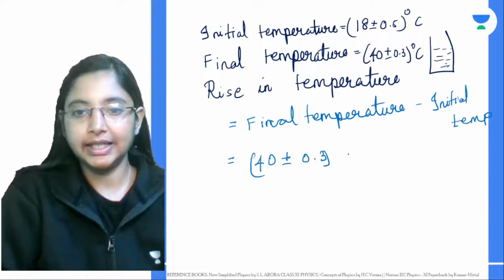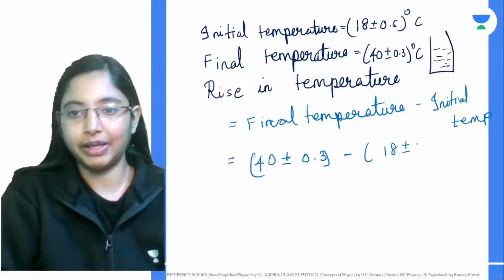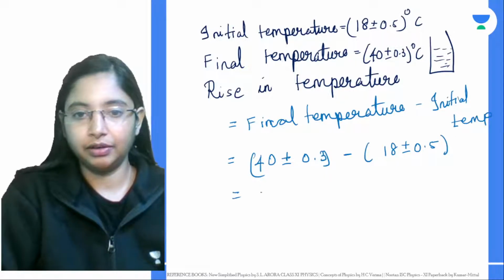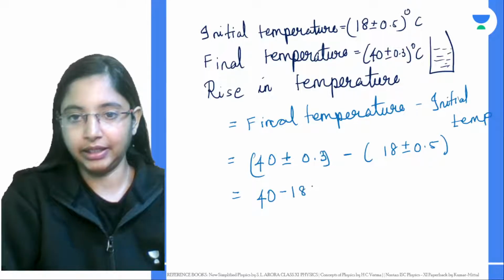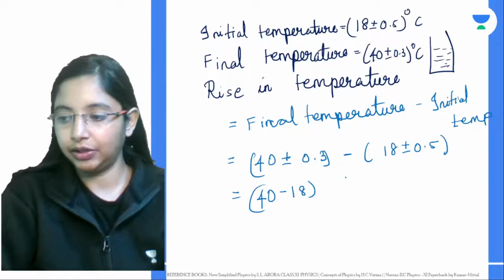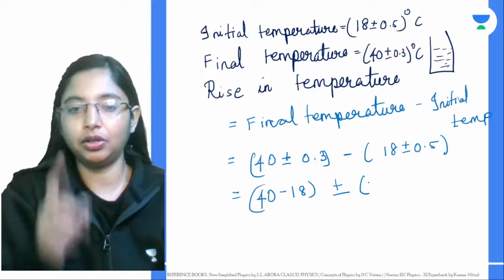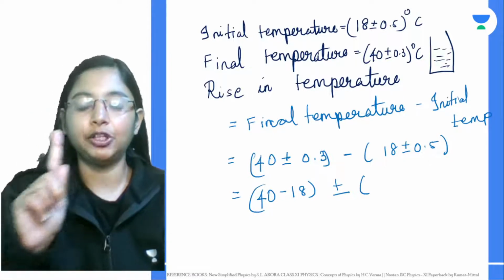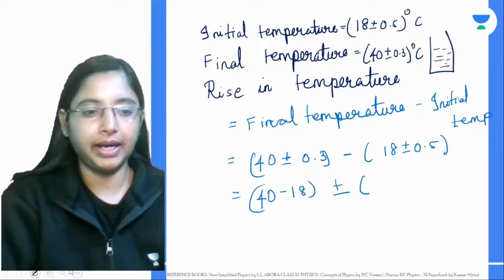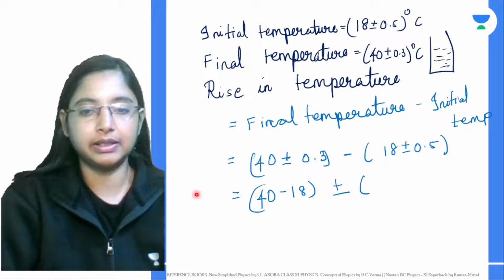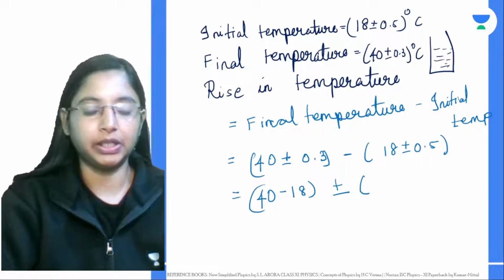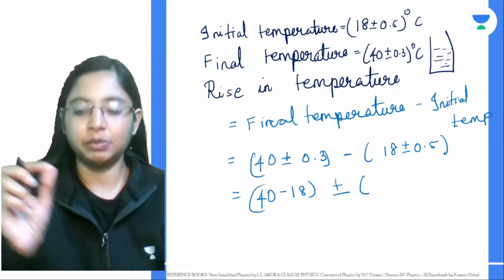The initial temperature is 18 plus or minus 0.5. Here we will take 40 minus 18, then plus or minus. When you're doing error analysis and finding the maximum error, when you're subtracting, do not subtract the absolute error part. You have to add the absolute error, because when you subtract, the error becomes least.